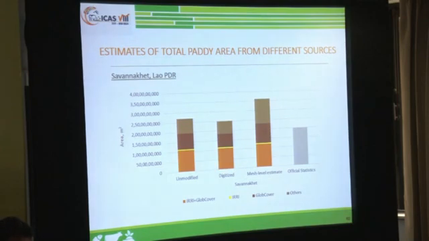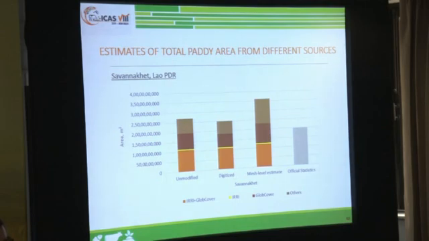We compared the area estimates that we gathered from the 3 methodologies with official statistics. As you can see, the first 3 bars are from the experiment that we conducted. This is for Savannakhet, Lao PDR, by the way.